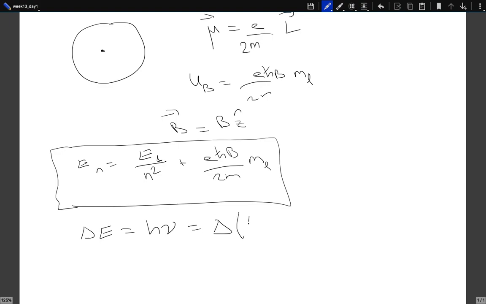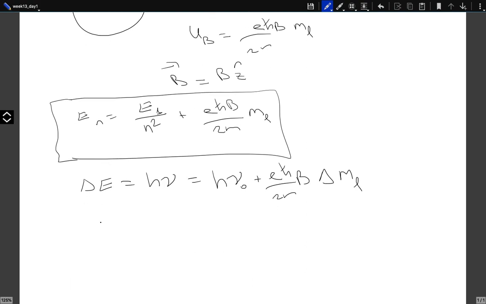It's now the change in E1 over n squared, let me ignore that one, the frequency in the absence of the magnetic field plus a contribution from the magnetic field, e h bar over 2m times delta m_l. And delta m_l could only take the values 0 or plus or minus 1.